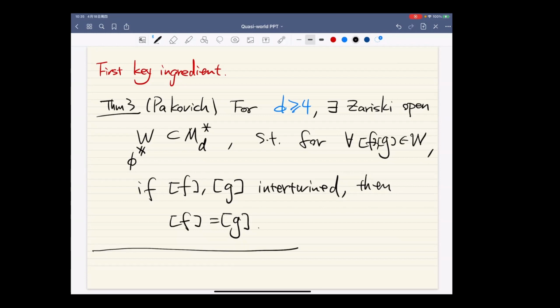So maybe in the moduli space there are some different points that are intertwined, but Pakovich showed that generically, if you remove some low dimensional subspace, every element can only intertwine to itself, not to a different point.